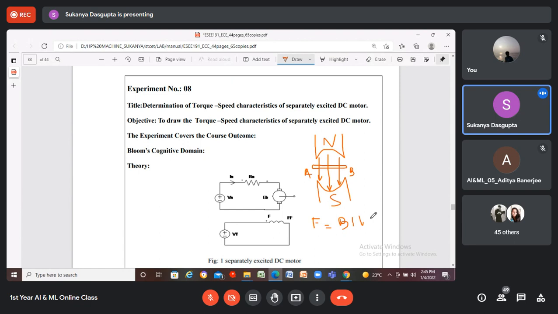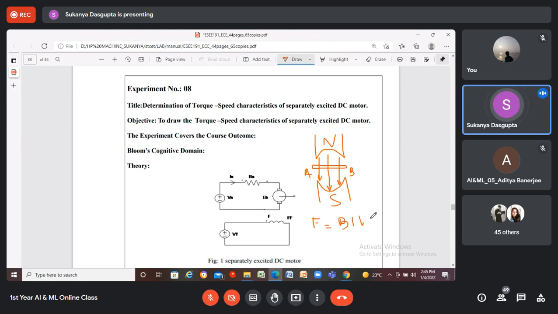If you extend your left hand in such a way that thumb, forefinger and middle finger make an angle of 90 degrees with each other, and if the forefinger is indicating the magnetic field and the middle finger is indicating the direction of current, then definitely your thumb will indicate the direction of the motion of the conductor.